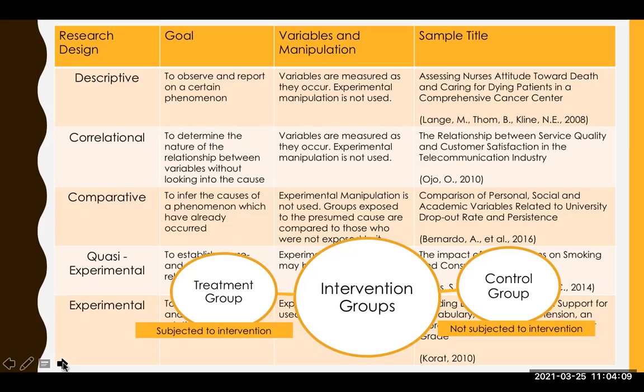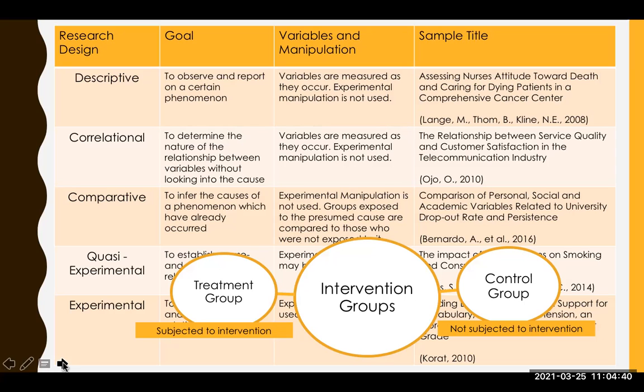So we will divide the participants into two groups, wherein there is a group of participants subjected to the intervention, which is what we call the treatment group, and the other group is what we call the control group, which refers to the participants not subjected to the intervention.